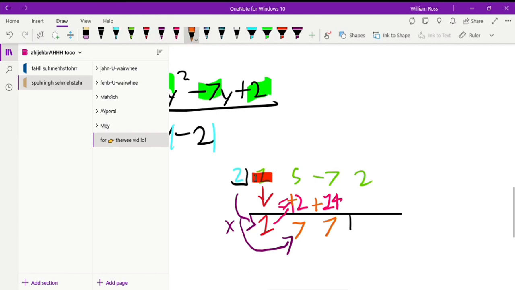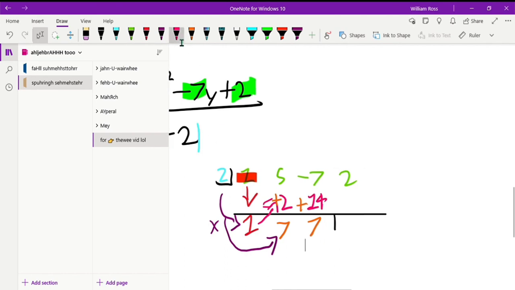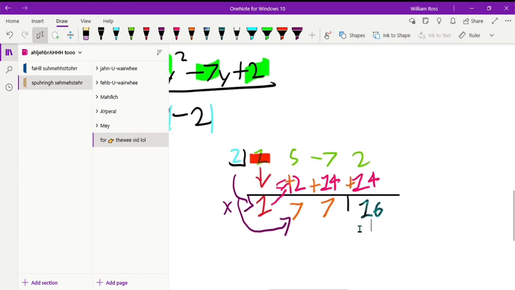And then 2 times 7 is 14. And 2 plus 14 is 16. And since we have a number in this area, that'll make it the remainder. So in this case, 16 will be our remainder.